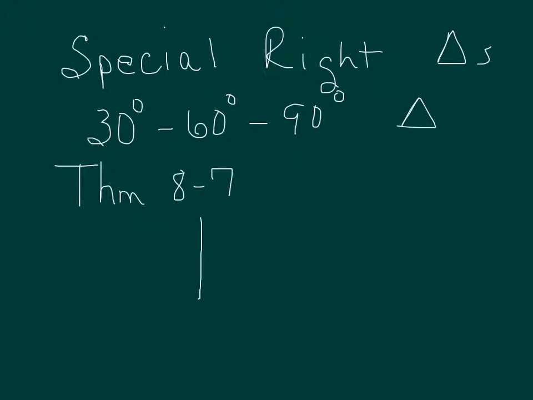If we have a 30, 60, 90-degree triangle, let's say that this is 60 degrees, this is 30 degrees, so of course that is your right angle. The longer leg is always going to be opposite 60 degrees because the longest leg is always opposite the biggest angle, right?